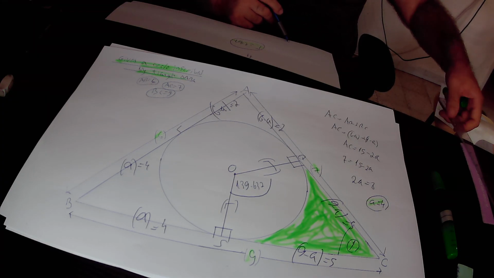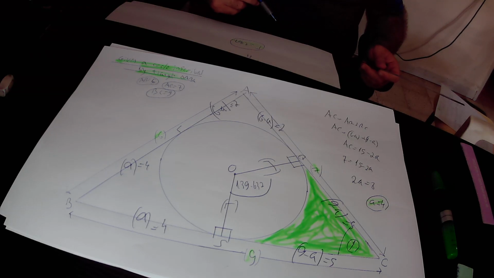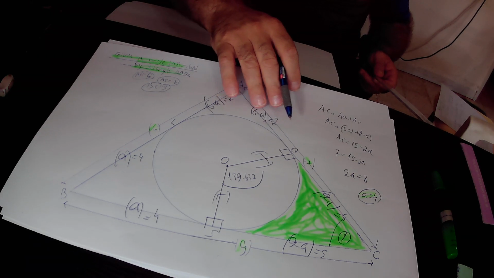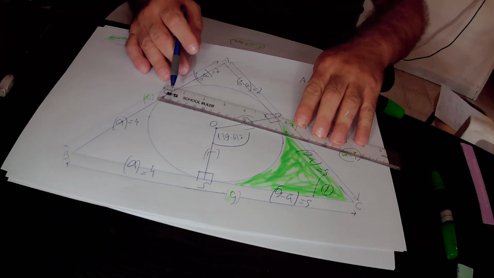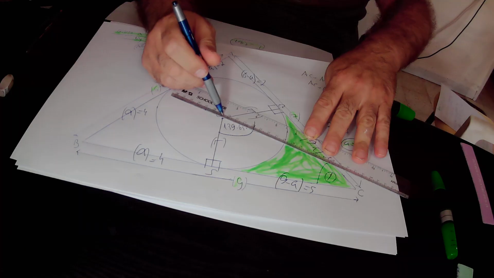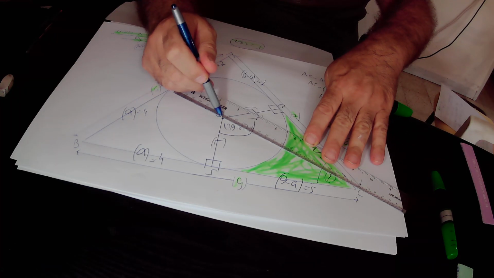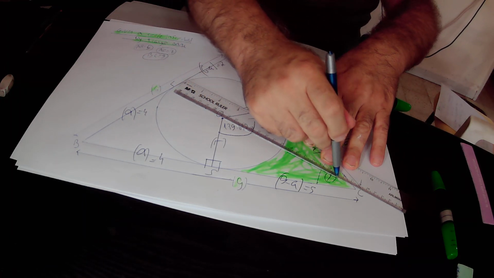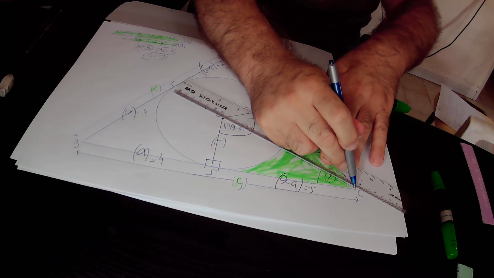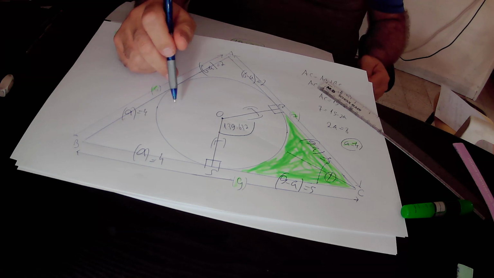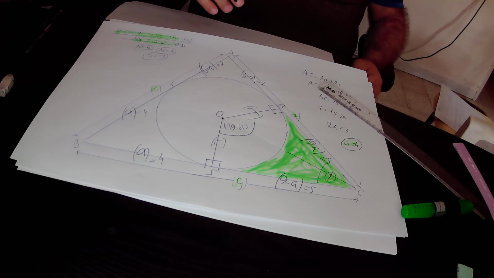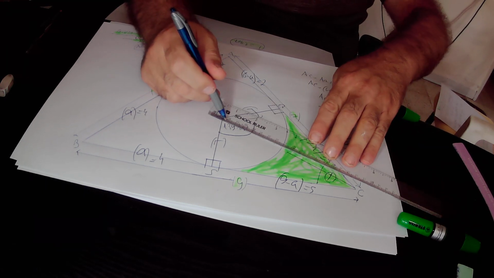In the next step, we will join points C and O together by a straight line. So joining points C and O, we created two right angles.